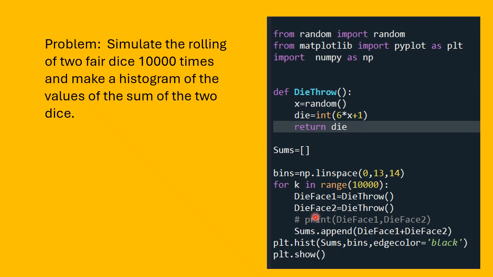Now, what we want to do then is find the sum of these two and store it in this sums list. So we can do that starting with an empty list. Sums.append, and then what are we going to append to the list? Die face 1 plus die face 2. Add those two values together and store that as an entry in this list called sums.